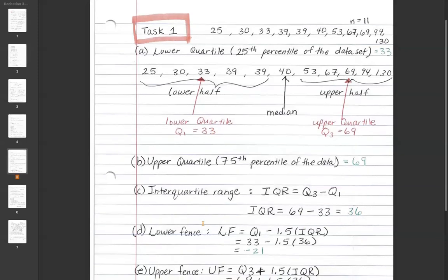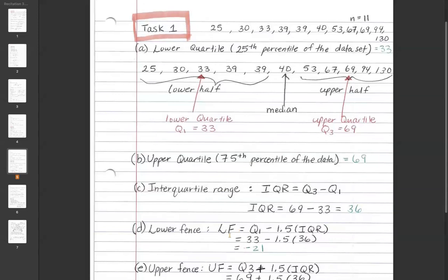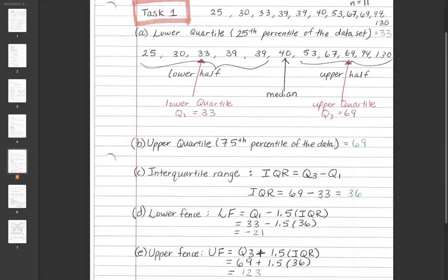Then we want to calculate the lower fence. The lower fence is calculated by taking the lower quartile and subtracting 1.5 times the interquartile range. In C, the interquartile range is 36. So when you do 33 minus 1.5 times 36, you get negative 21. That's the lower fence.